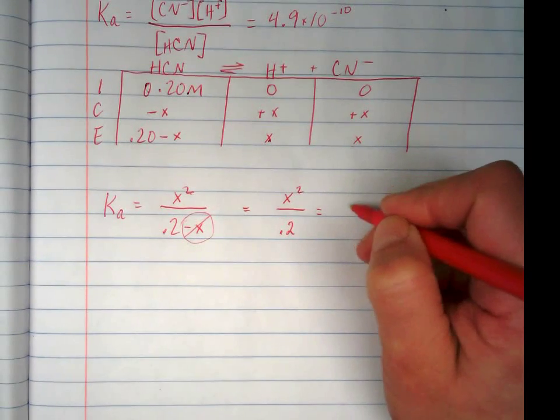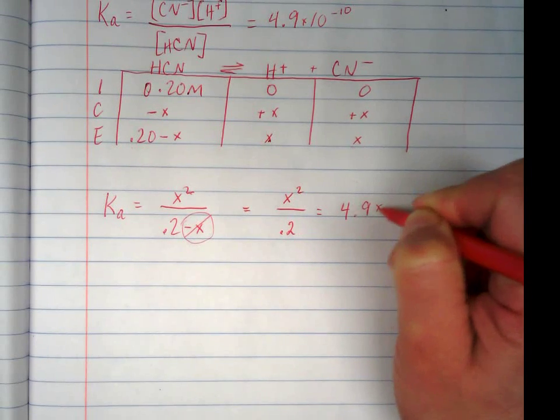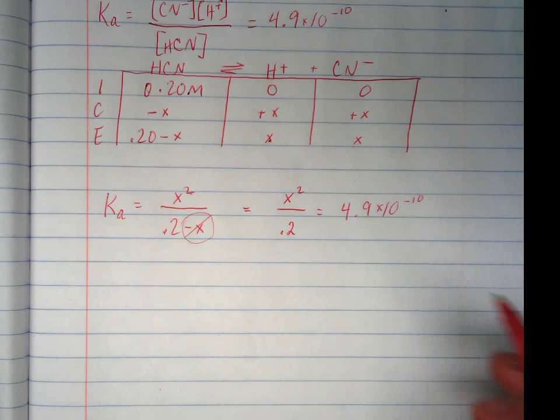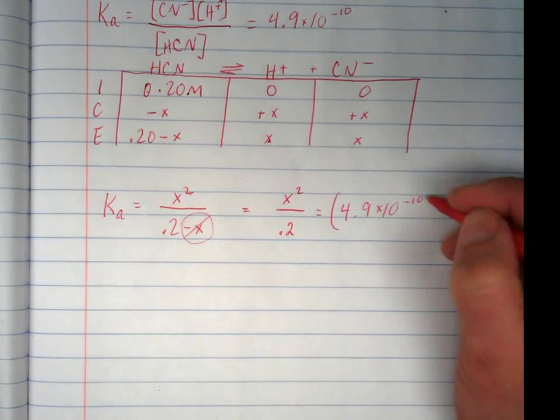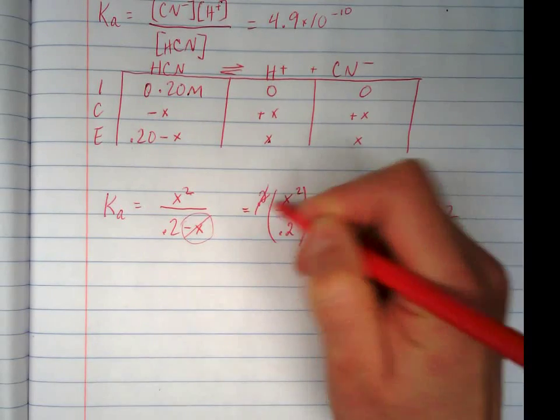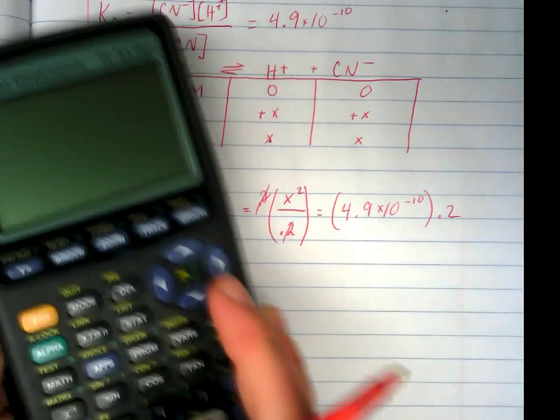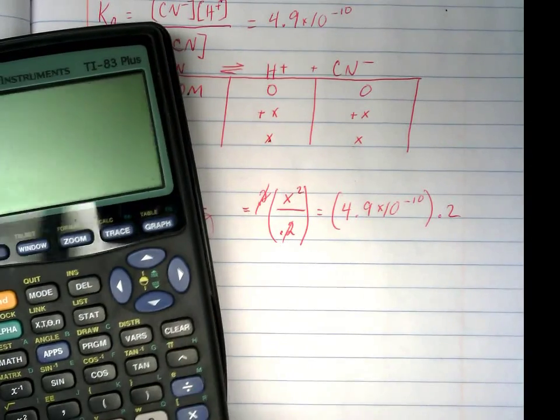Now we can easily solve for x, because we know that the Ka is equal to 4.9 times 10 to the negative 10. So we're going to multiply both sides by 0.2, and then we're going to take the square root of both sides as well.